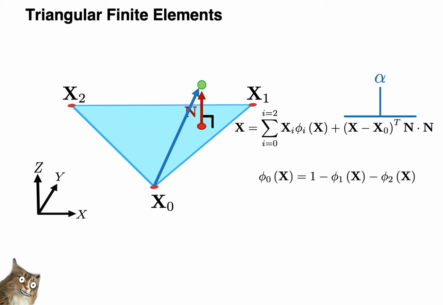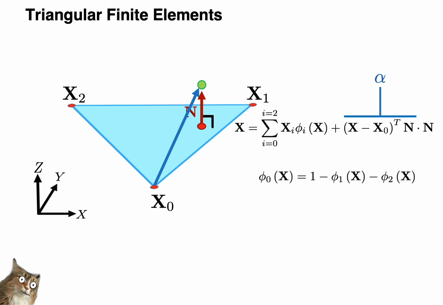And now we know how to exactly reconstruct our reference coordinates using our shape functions, and a little geometric information, the unit normal vector to the triangle. This reconstruction is still linear in capital X because the triangle surface normal is constant. It doesn't change no matter where you go inside the triangle.